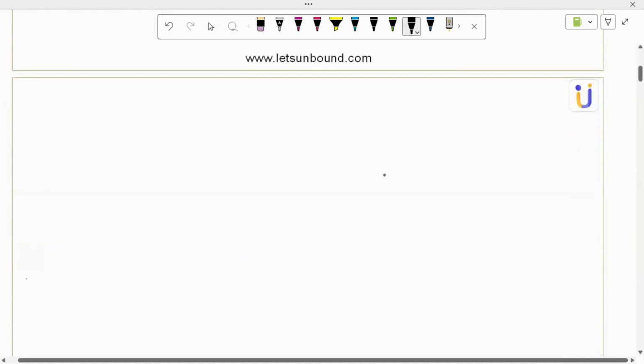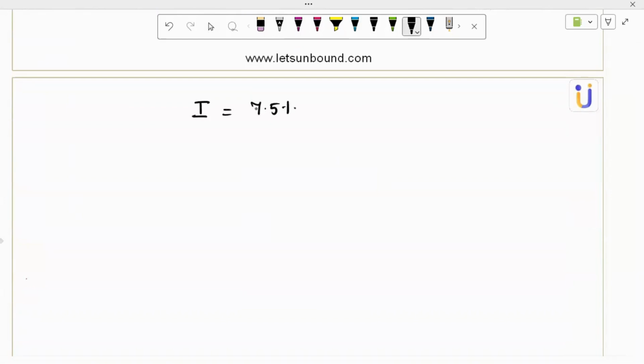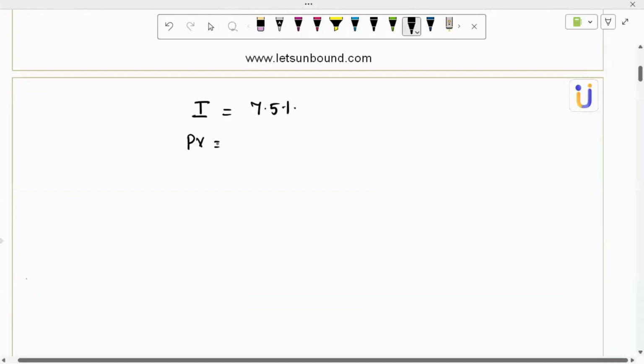So let's interpret this. And we are going to use the finance calculator here. So I is 7.5%. And then present value, you can take it as either plus or minus. Here a very important thing we need to notice, so stay focused. Present value is minus 800. This minus is because the money is going from you into the bank for an investment.